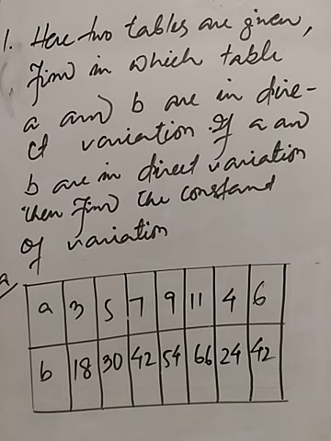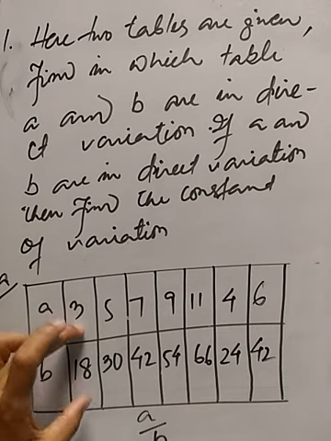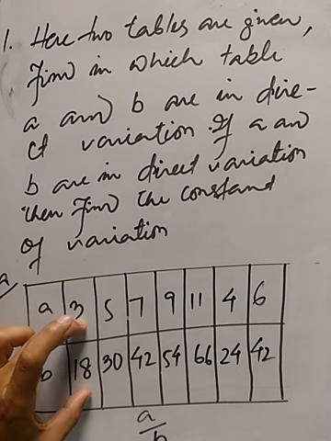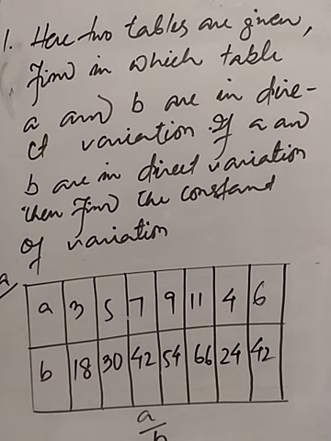So how are we going to check whether the quantities A and B are in direct variation or not? We have to find the value of A by B. If the value of A by B for the corresponding values of A and B is a constant, a fixed value, then A and B are in direct variation.